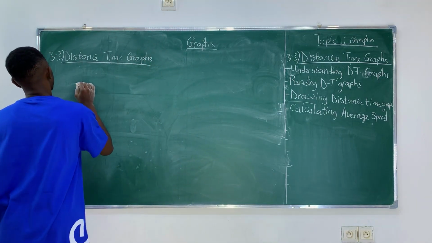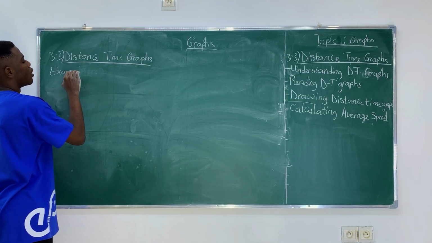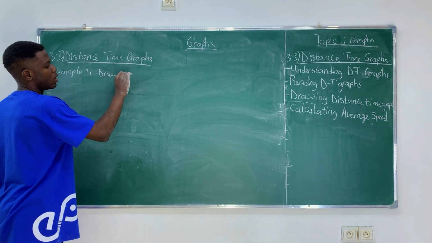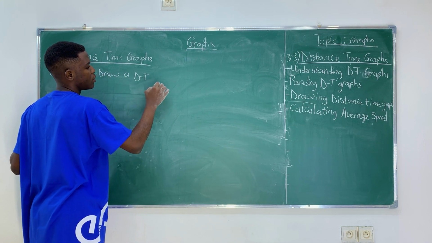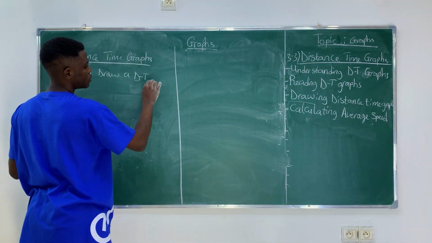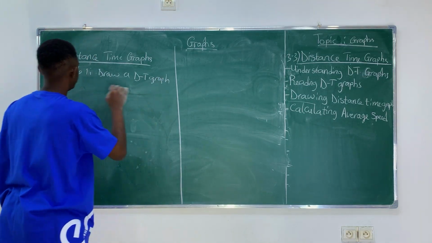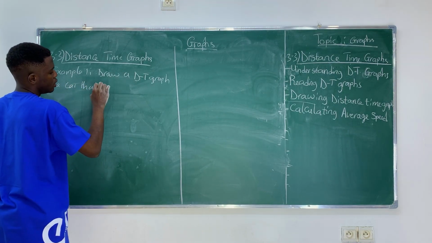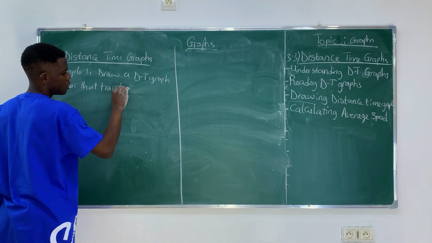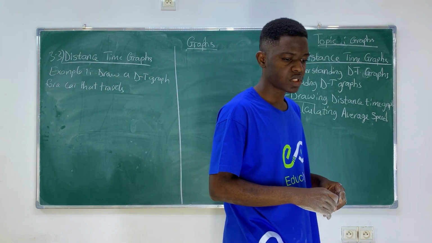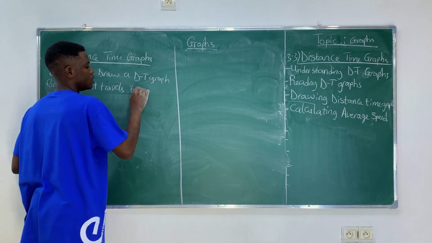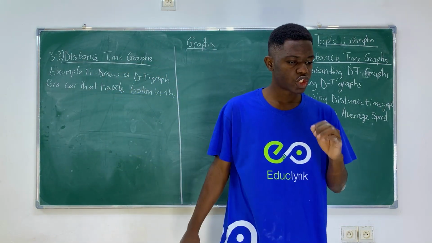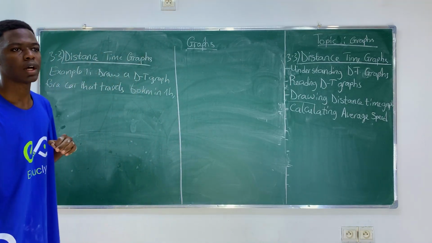Draw a distance time graph for a car that travels 60 kilometers in 1 hour, stops for 30 minutes, travels another 40 kilometers in 1 hour.